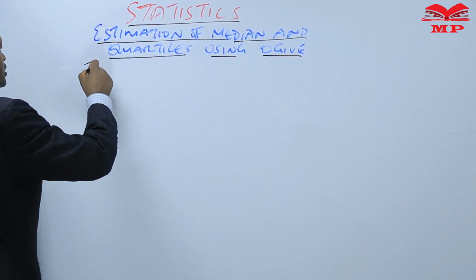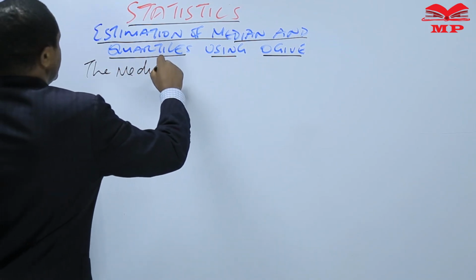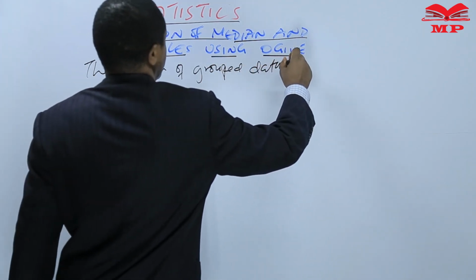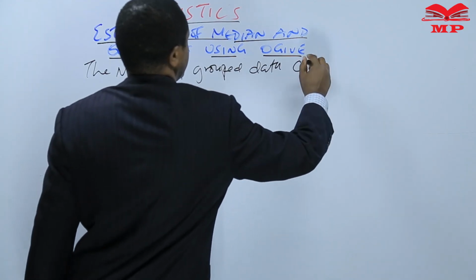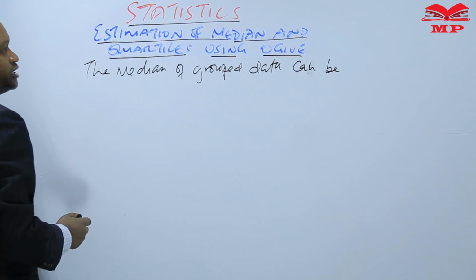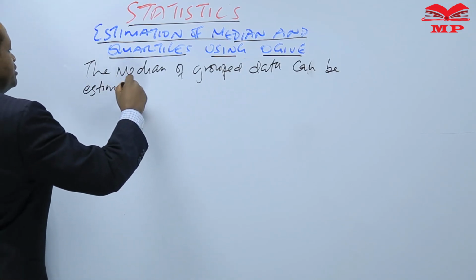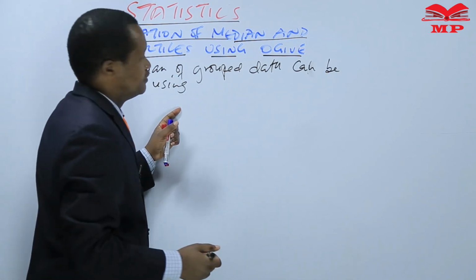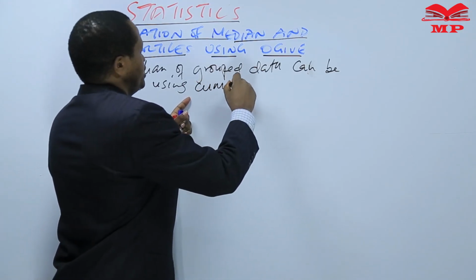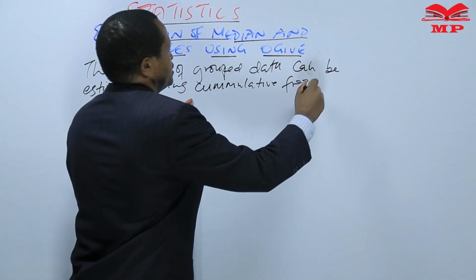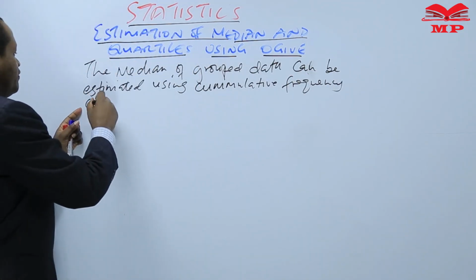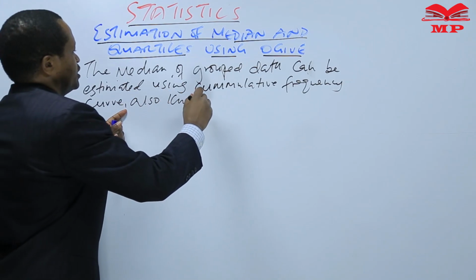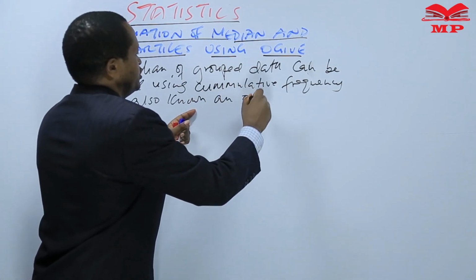Learners, you can note down that the median of grouped data can be estimated using a cumulative frequency curve, also known as an ogive.